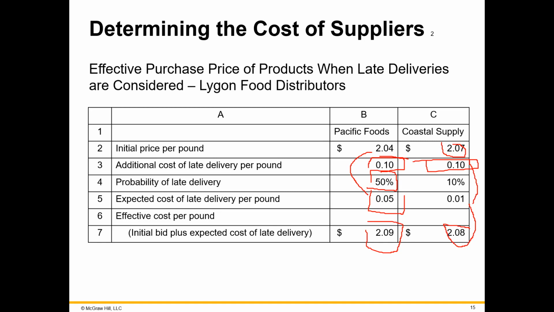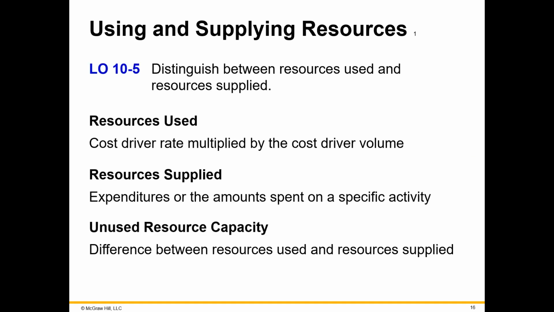Another concept that we're going to cover in this chapter is resources. We're going to calculate resources used versus resources supplied. So resources supplied is the amount of resources available. Resources used is what you actually used. And the difference is going to be unused resource capacity.